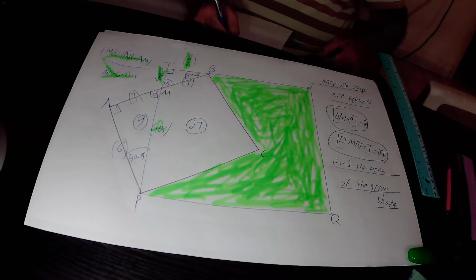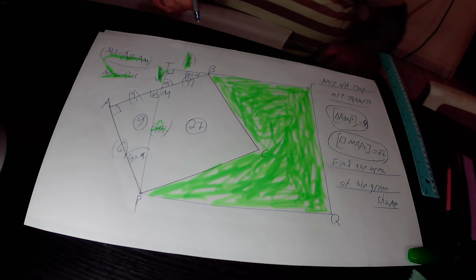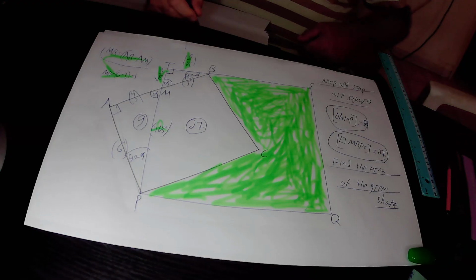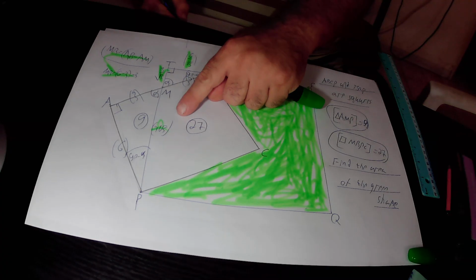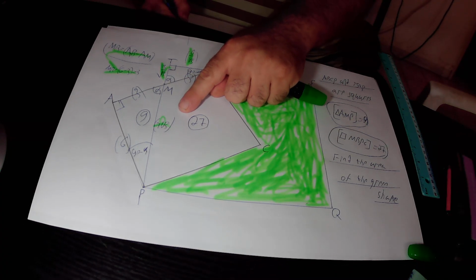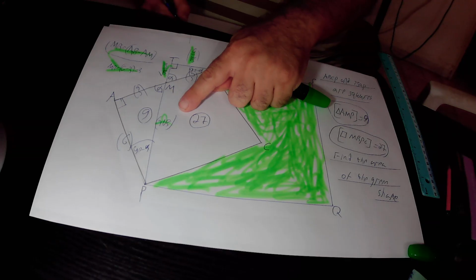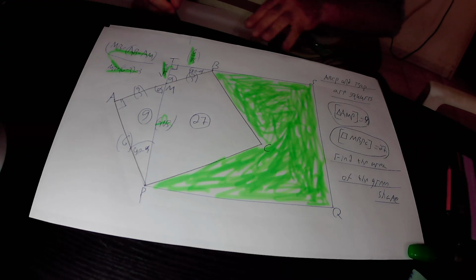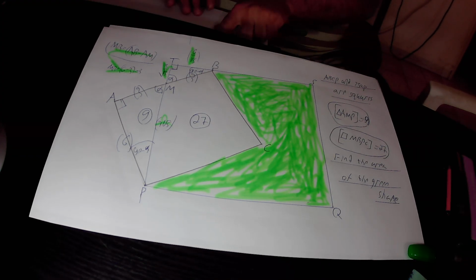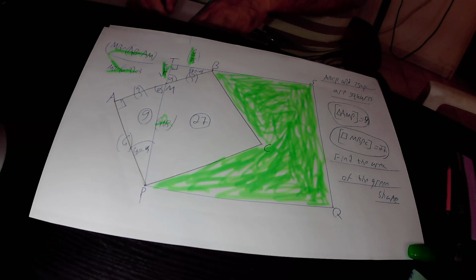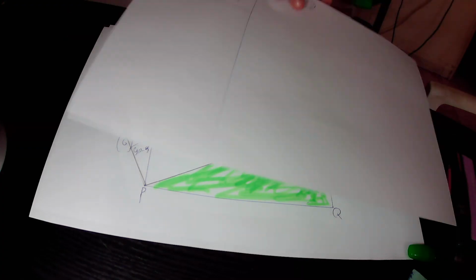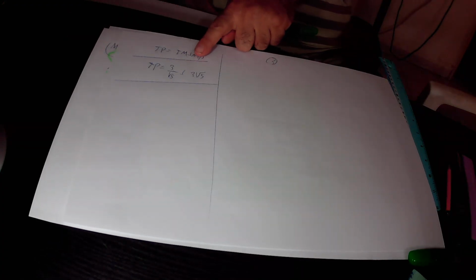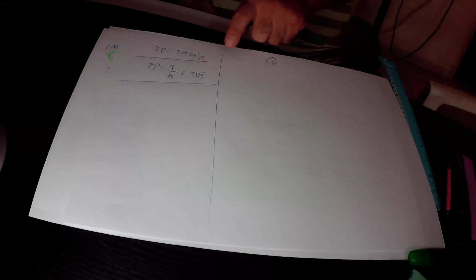So TP equals TM, which is 3 over square root of 5, plus MP, which is 3 times square root of 5. So in total, TP equals 3 over square root of 5 plus 3 times square root of 5.